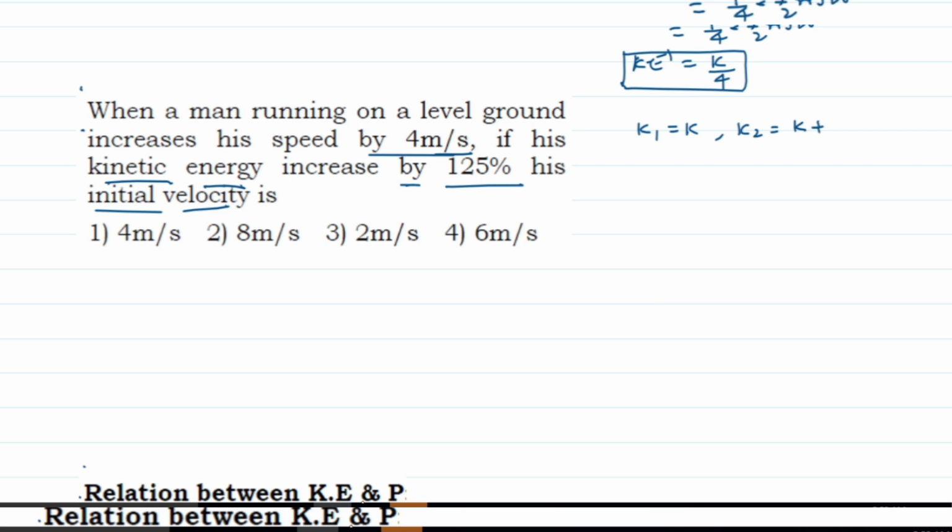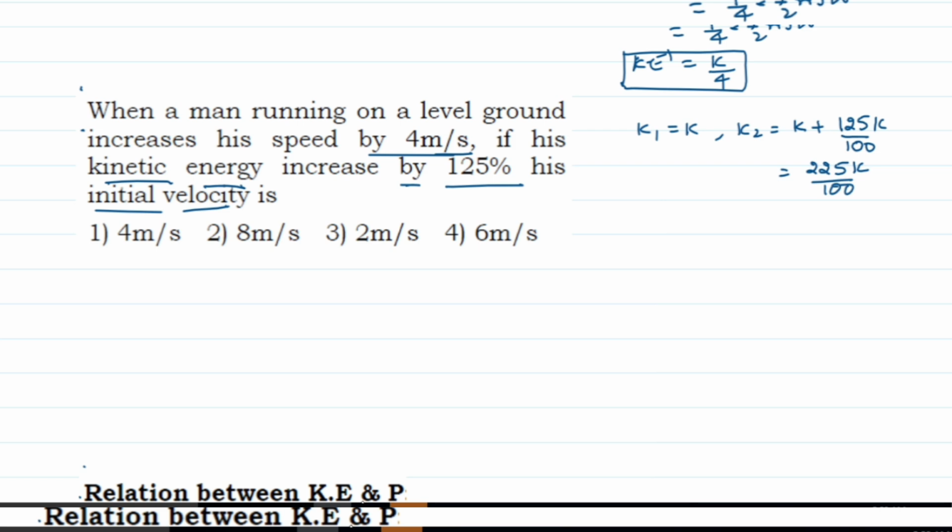This is the way you have to represent it. So to the initial K, plus the increase: 100K plus 125K is 225K. Together we write this as 225K by 100.